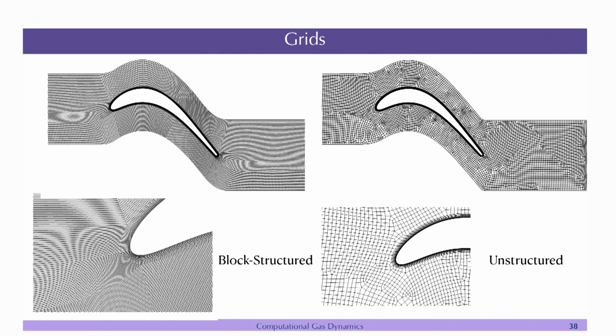So, usually there are several grid generators like for example, ICEM-CFD, one of the popular grid generators from ANSYS, then you have Pointwise, GridPro, GridGen, and there are several open source tools also available to generate grids.